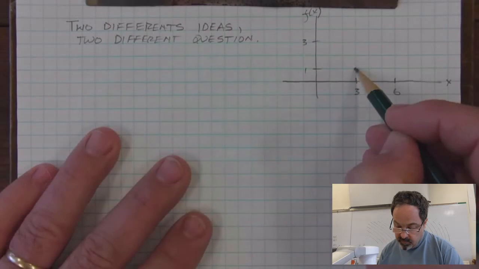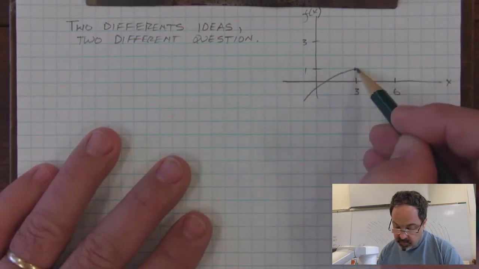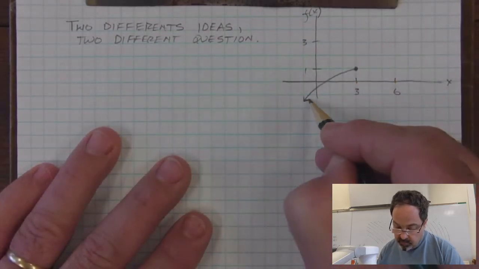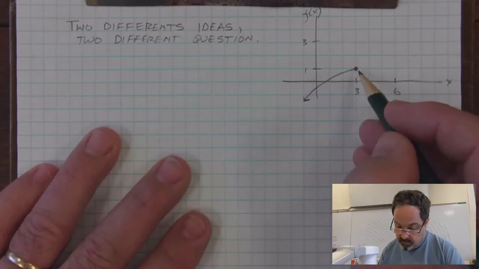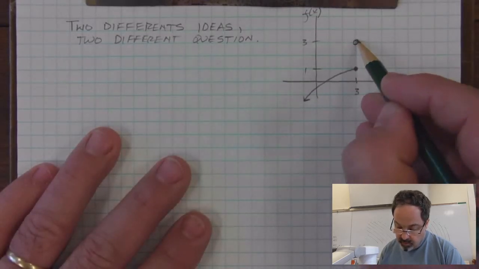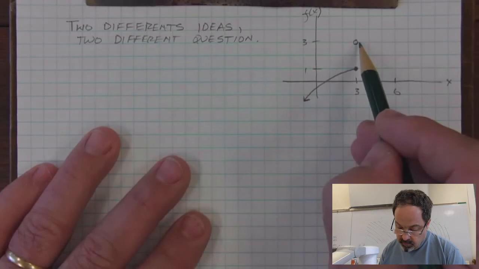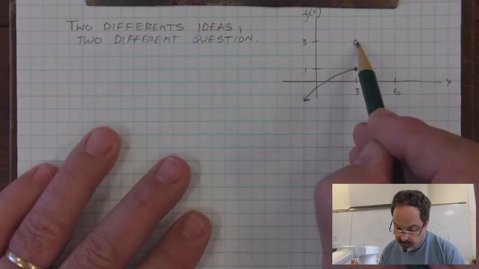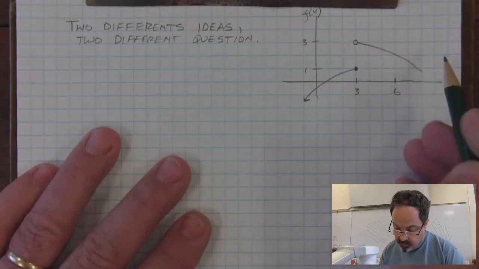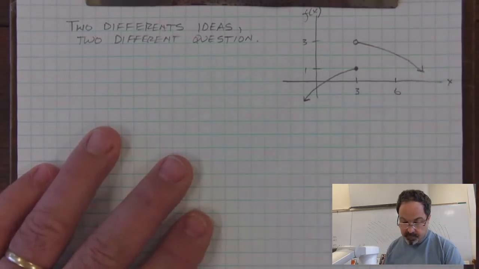Our piecewise function is going to have a piece that comes to a closed dot at 3 and an open dot at 3 that continues the function there.